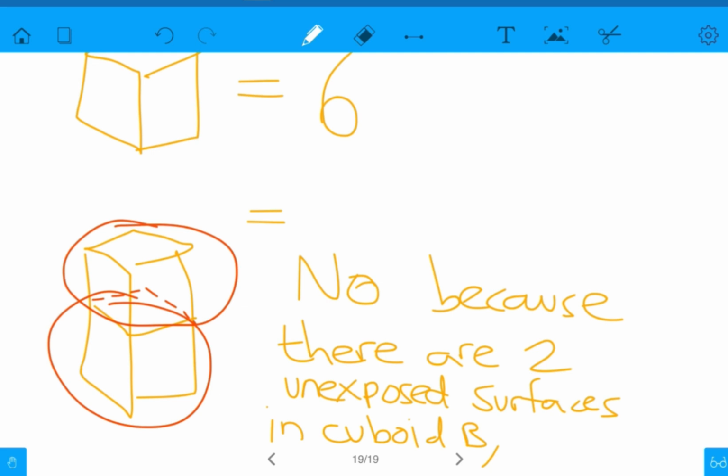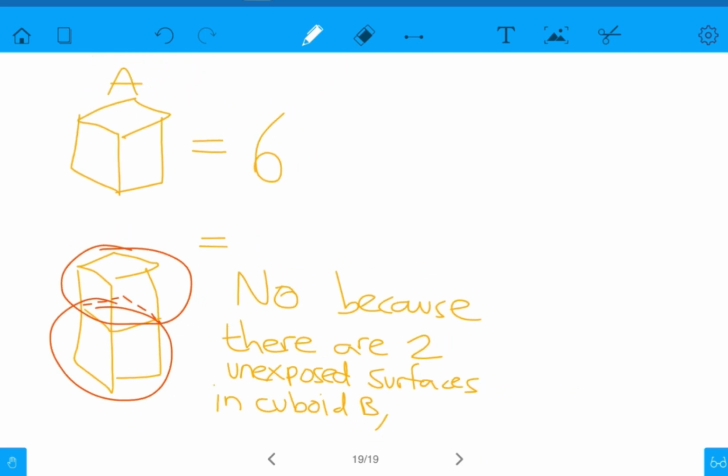So for B, because there's two less exposed surfaces, the relative surface area of B will be 6 plus 6 minus 2, which is 10.